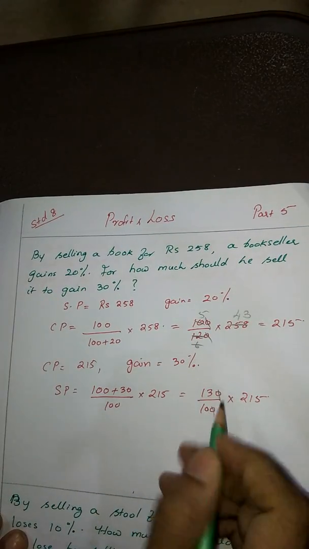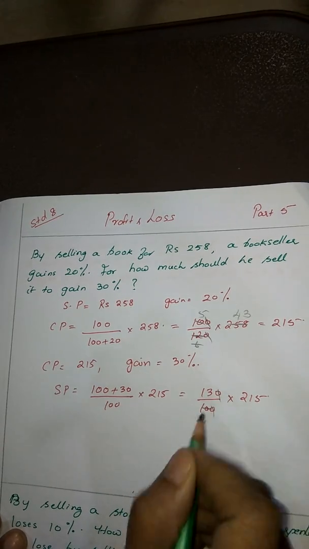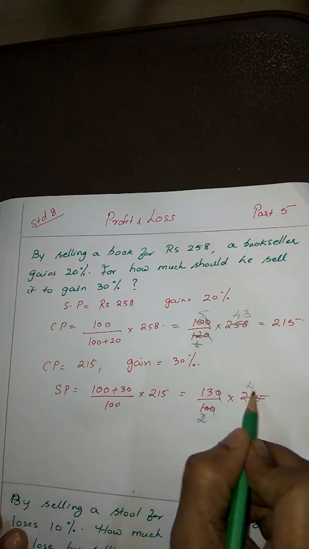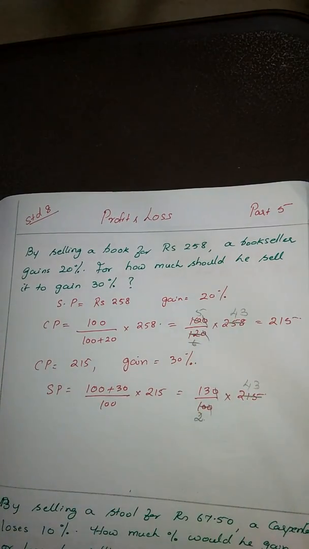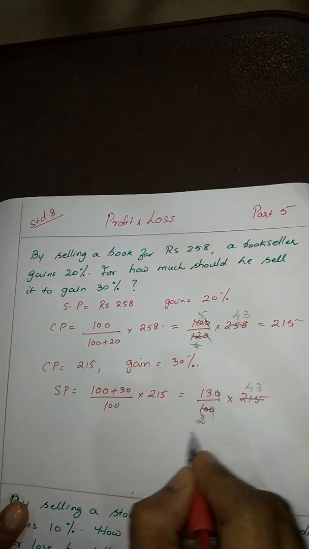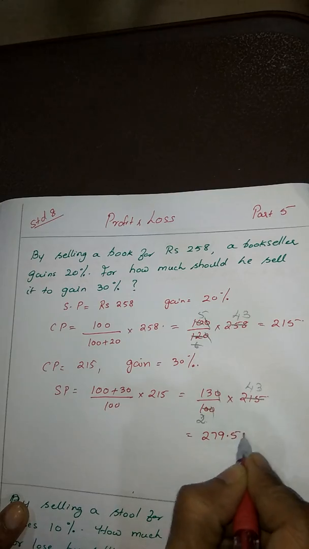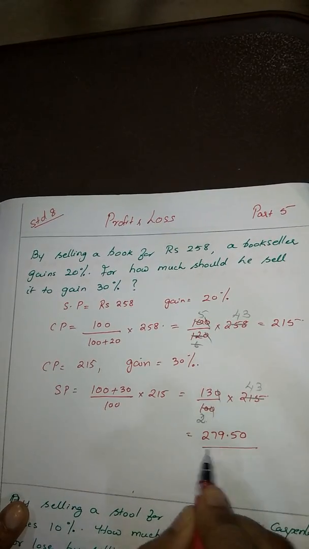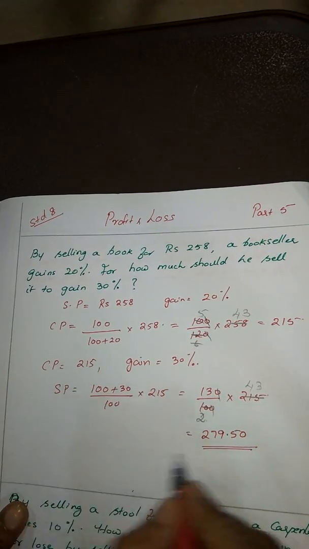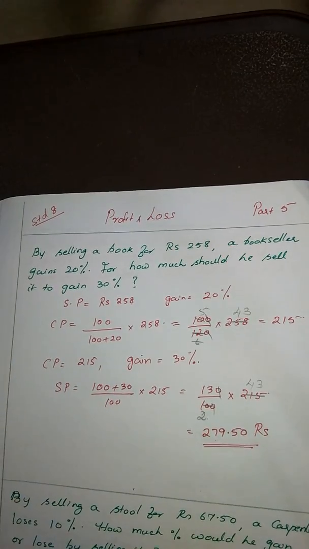So this and this will get cancelled. 2 and this will be 43, and if you do 43 into 13, you will get 279.50. So this is the selling price at which he has to sell to get a gain of 30%.